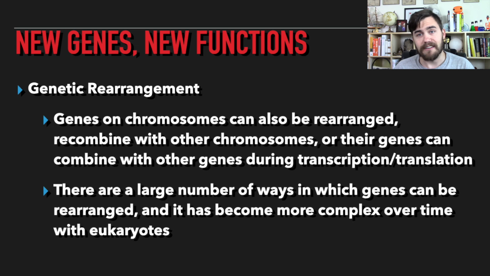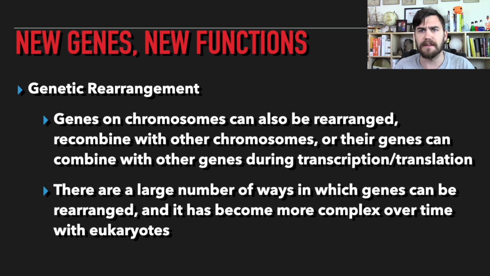Now, we actually covered this a long time ago when we studied DNA and chromosomes, but the genes on a chromosome can be rearranged. Instead of A, B, C, D, E, F, G, it can go backwards, for example. There can be a recombination with another chromosome, a non-homologous one.